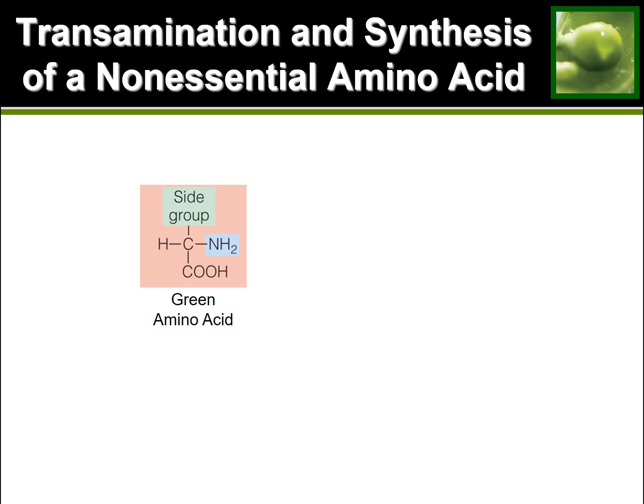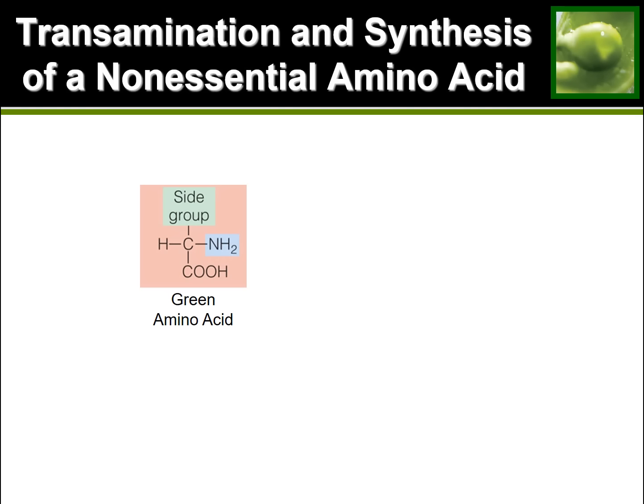Luckily, the white amino acid is going to be non-essential. And so since it's non-essential, that means it's okay that we didn't get it from our diet because our body can go ahead and make it for us. When we say that the body can make it for us, what that usually means is that the body at least has enough components to put together the keto acid form of the amino acid that we need.